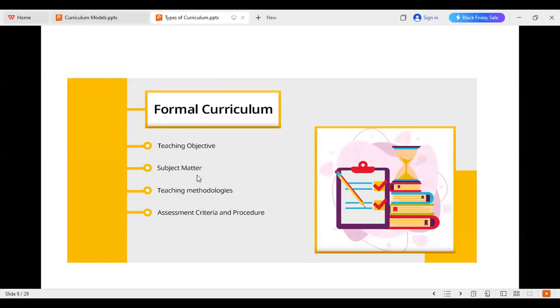It is specific: they have to select the subject, use the appropriate method, and someone can simply assess and give us criteria, procedure, say, marking schemes.